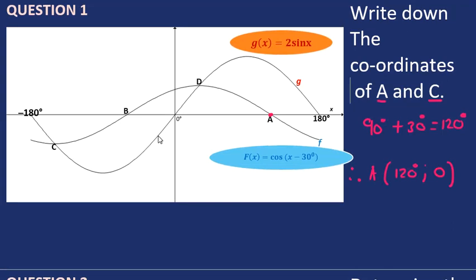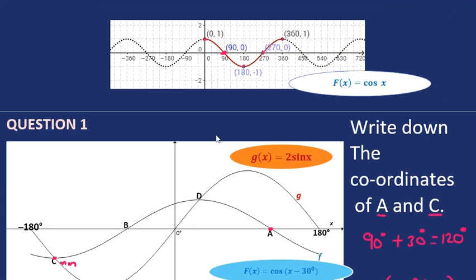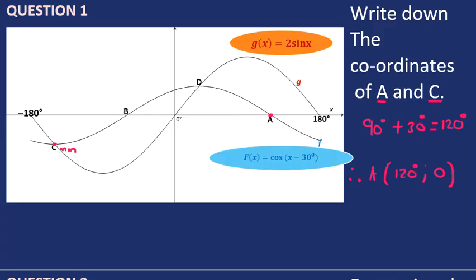Now to calculate the coordinates of C, we need to remember we were told in the information that that is the minimum of the f graph, the cosine graph. So that is the turning point of the cosine graph. And again, if we go back to the normal, and look to the negative side, you will see that the normal cosine graph has its minimum at x being negative 180 degrees. So we have to factor in the shift.